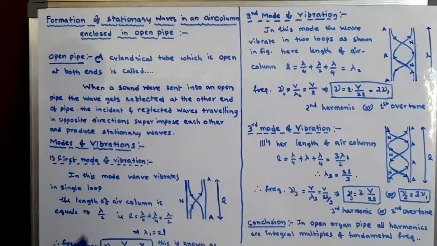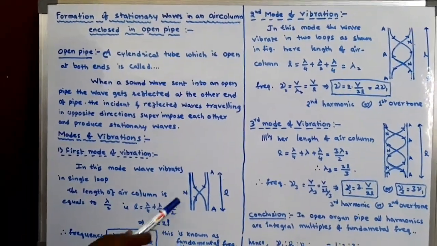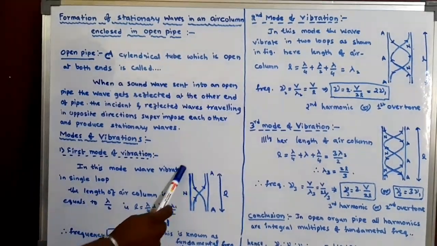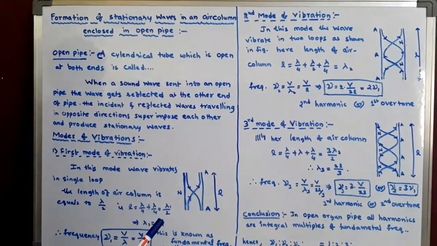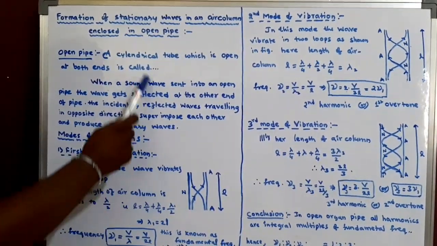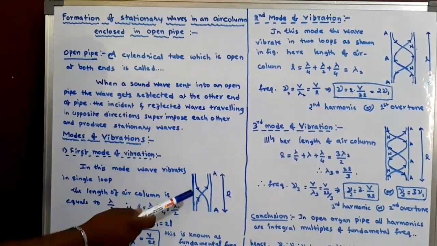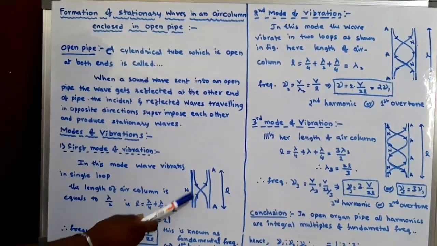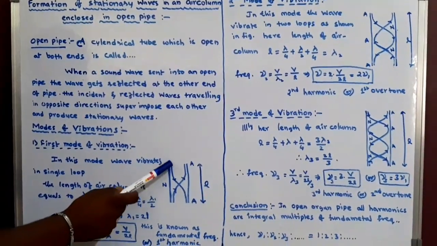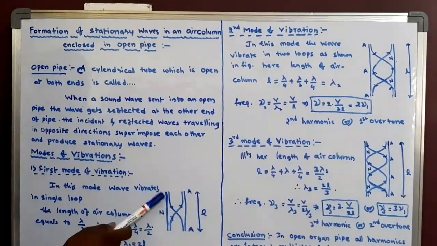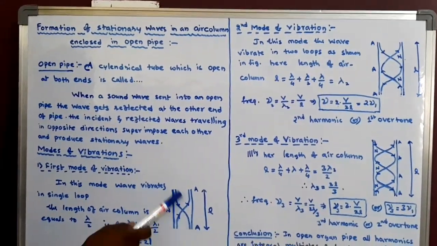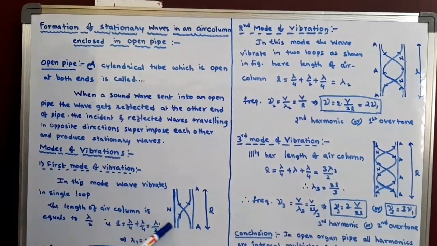You must remember that at an open end there always exists an antinode. In the open pipe there are two open ends, so that is the reason there exist two antinodes. In between the antinodes there exist the nodes.